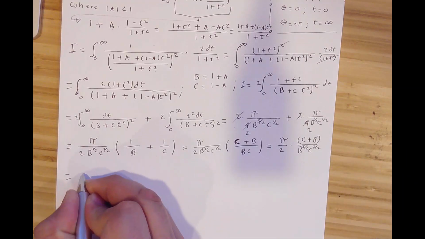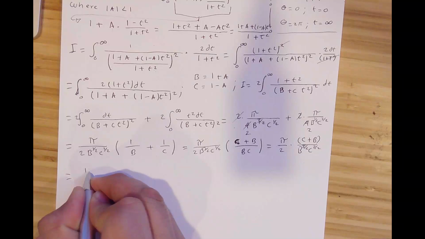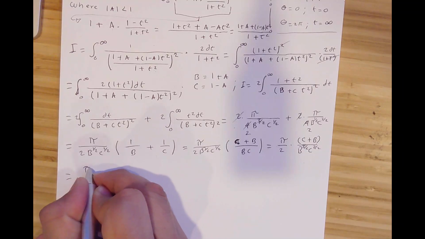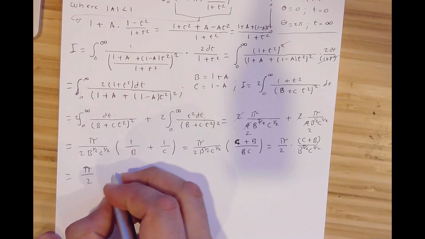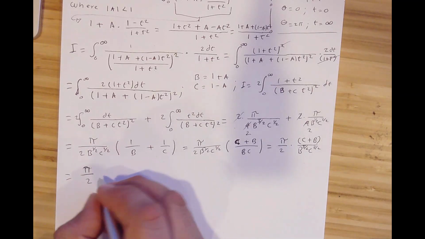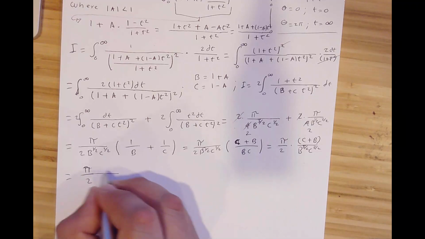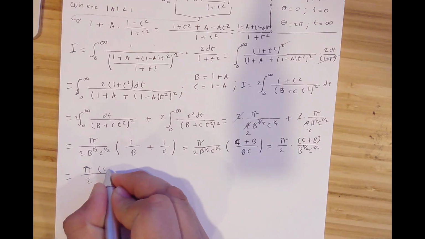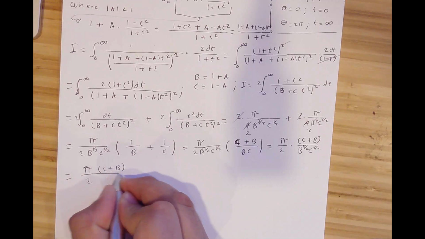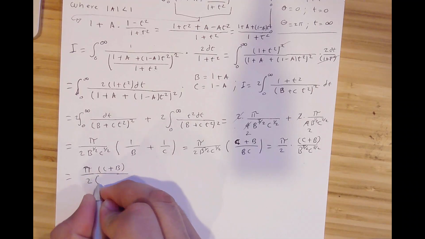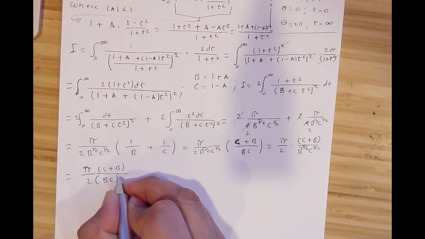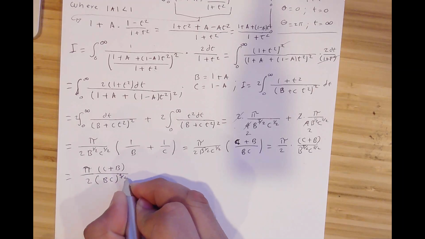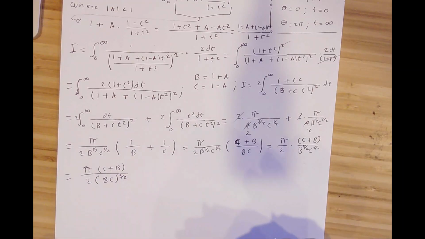Let's see. We can have pi over 2 that multiplies, let's put it here, c plus b, and in the bottom we have bc elevated to the exponent 3/2, right?